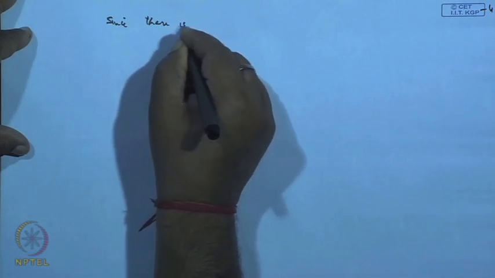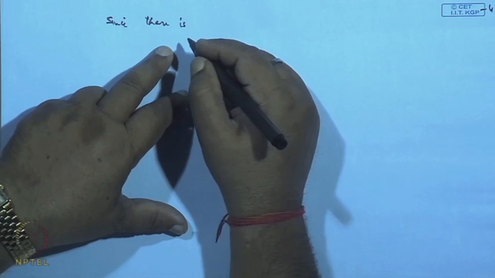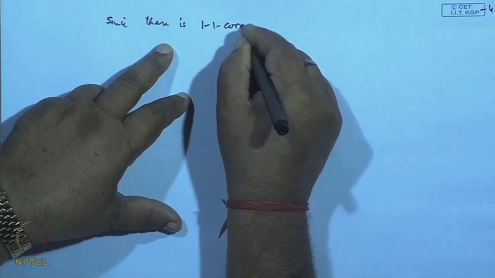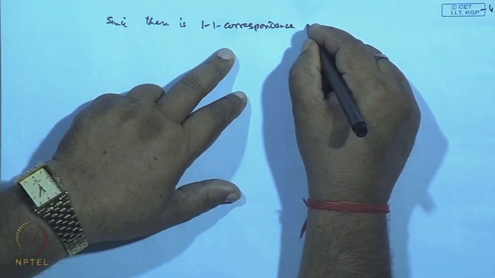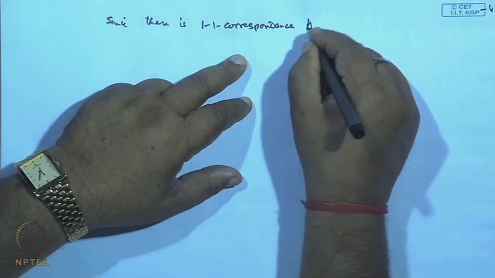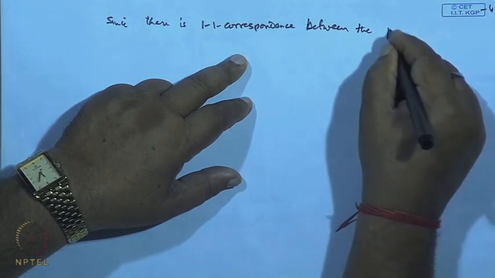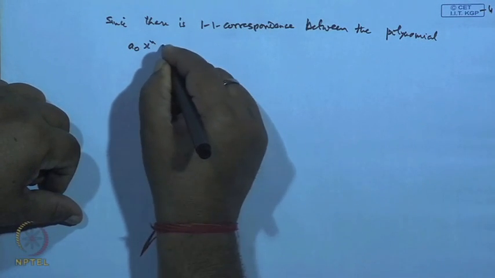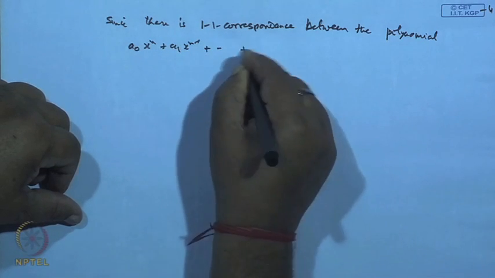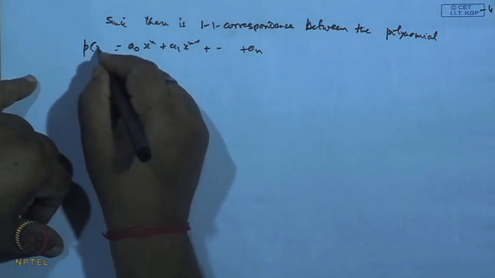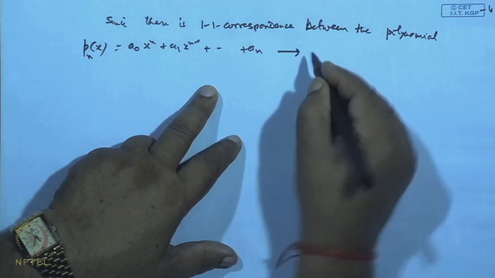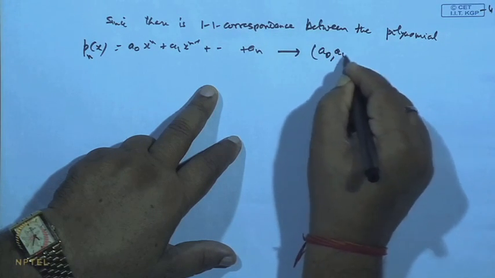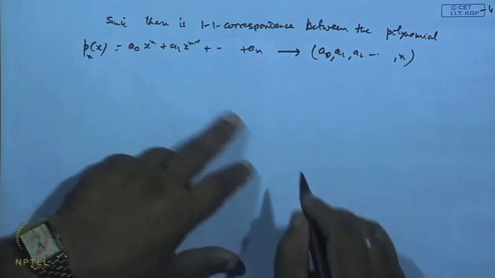There is a one-to-one correspondence between the polynomial a0 x to the power n plus a1 x^(n-1) plus ... plus an, let us call it p(x), of degree n, and the tuples (a0, a1, a2, ..., an), the n plus 1 tuples.